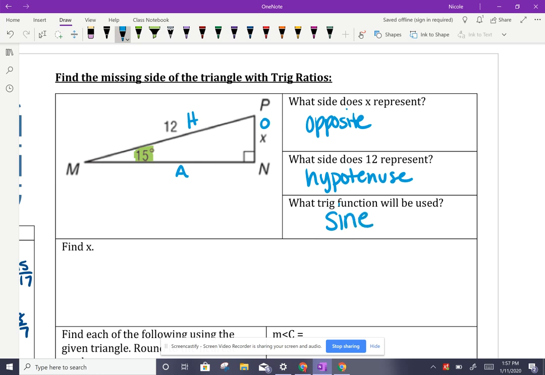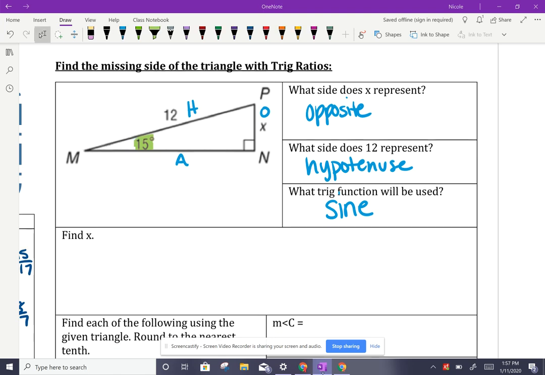So to find X, we're going to set up a little equation. We are going to say the sine, and we're going to input the angle measure, 15, is equal to the ratio of opposite, which is X, over the hypotenuse, which is 12. So remember, sine of theta, whatever angle we're using, is equal to the opposite over the hypotenuse.